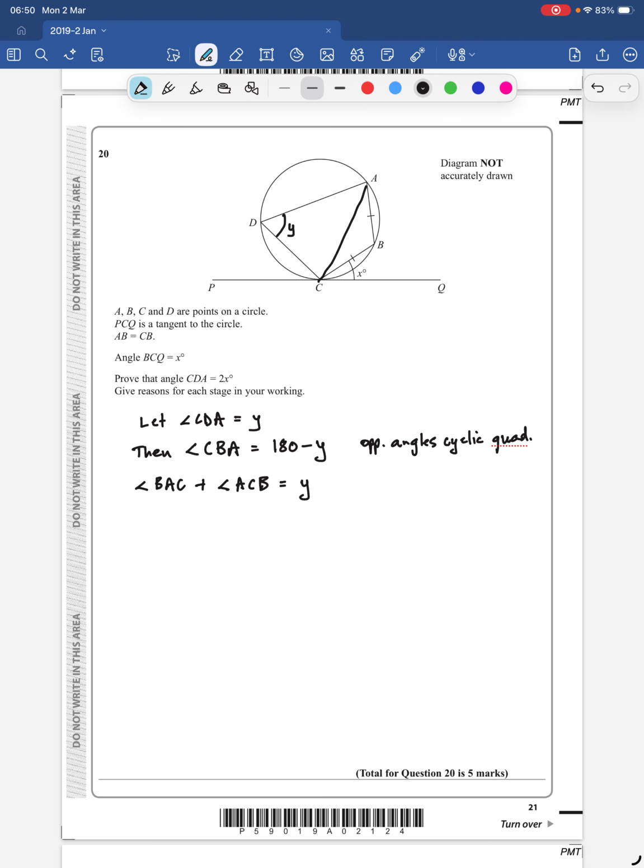And then I'm going to make a note here. Angles in triangle sum to 180. And then I'm going to say angle BAC equals angle ACB. They're different points. And that is, I'm just going to note isosceles triangle.